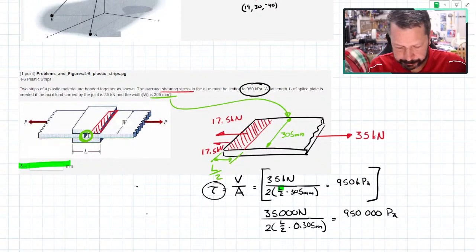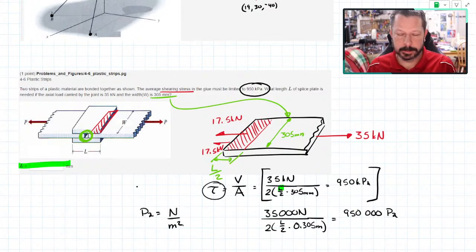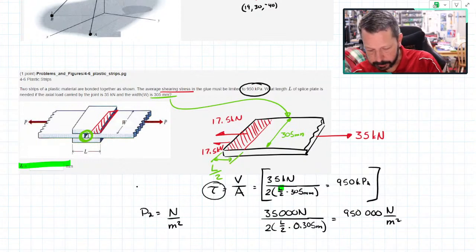Just so you know, a pascal is a newton per meter squared. That's why I converted everything to newtons and meters and pascals. So now I can start doing some math and solve for L.